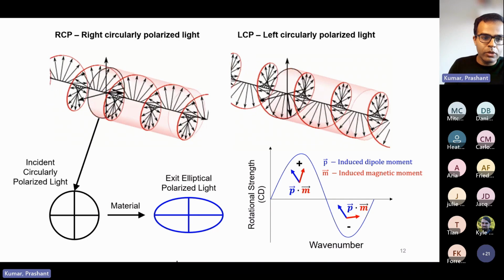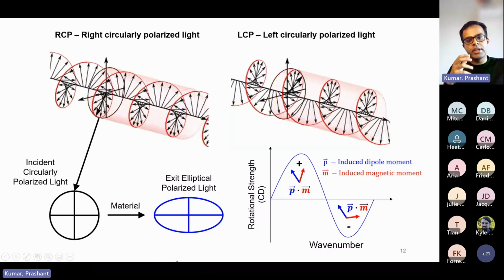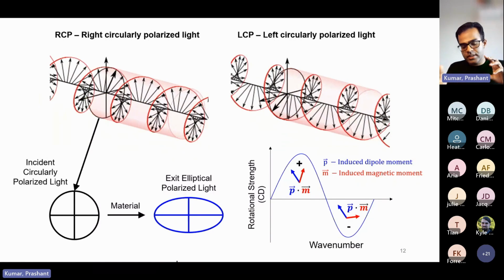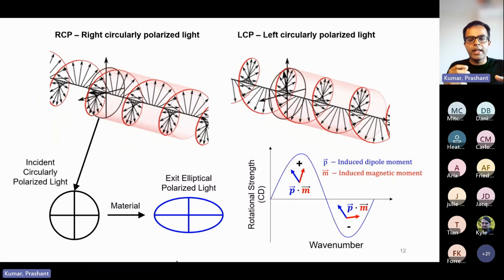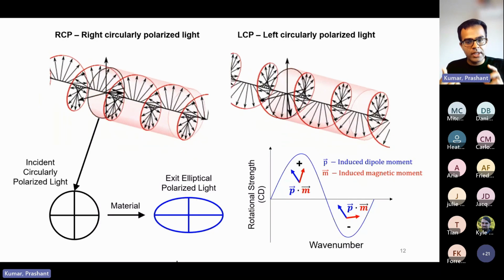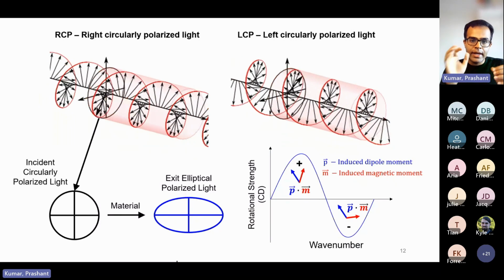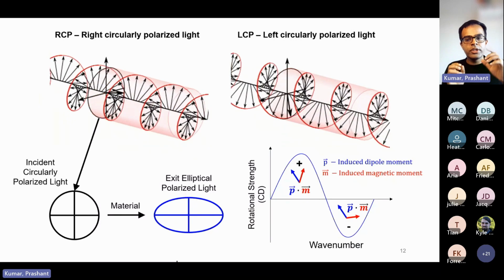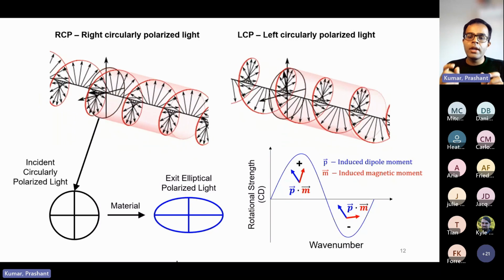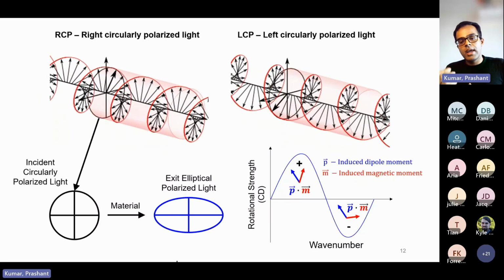Now, when this incident circularly polarized light interacts with the material, it changes the polarization of the light and makes it elliptically polarized light that comes out. That is the rotational strength of this material, where the induced dipole moments arising when the light hits this material, and how those induced dipole moments are placed with respect to the induced magnetic moment, determine whether your rotational strength is positive or negative.